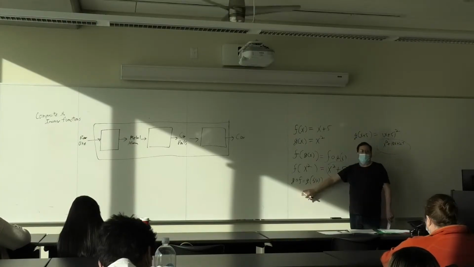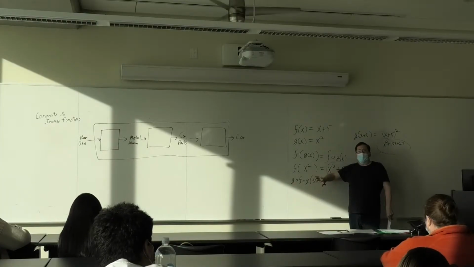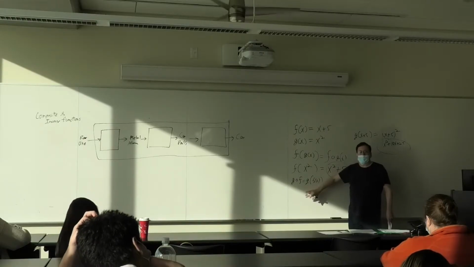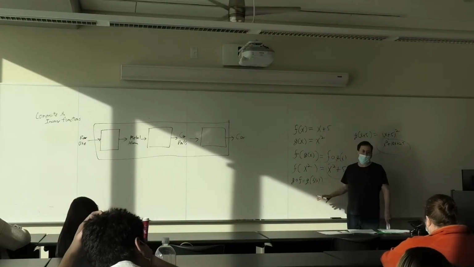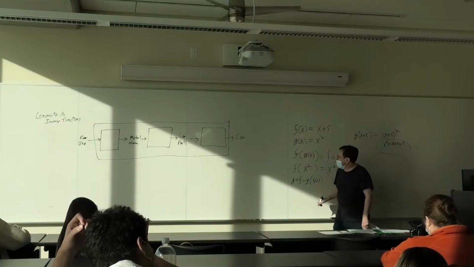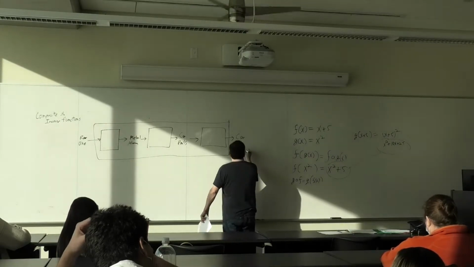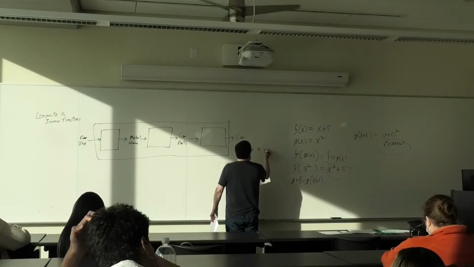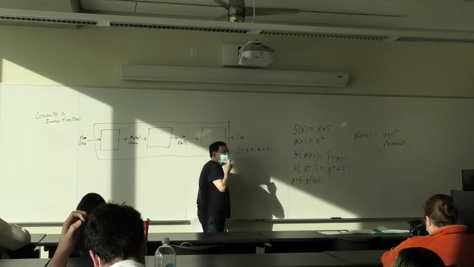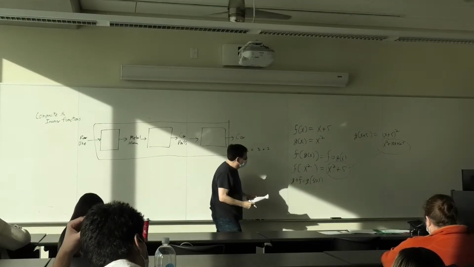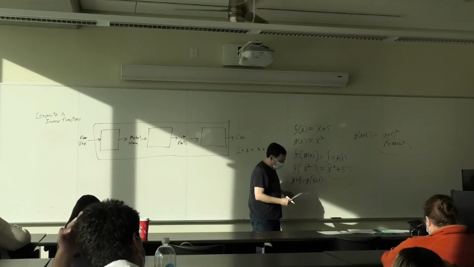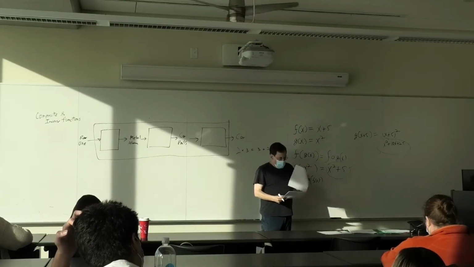What we say is f and g, the composition is not generally commutative. Remember the commutative property says 2 times 3 equals 3 times 2. We have the same thing for addition. It's not true of composition, so it's a little different.